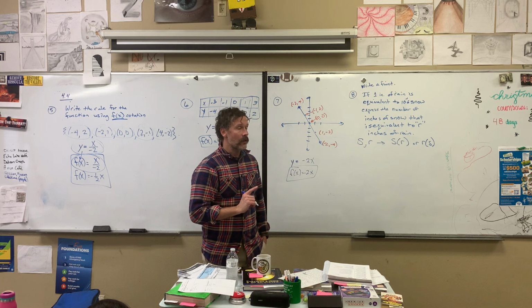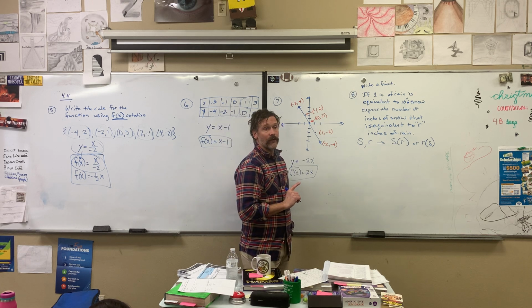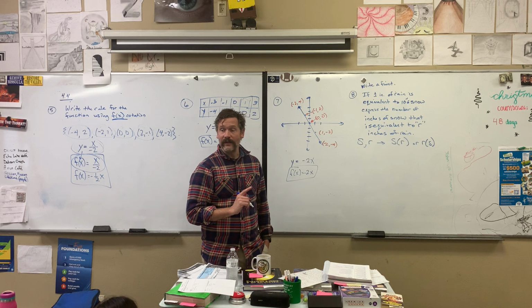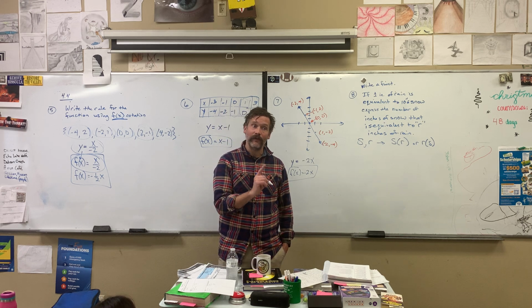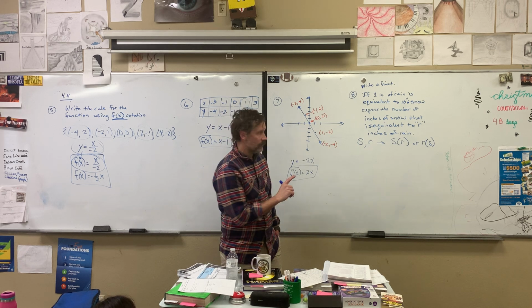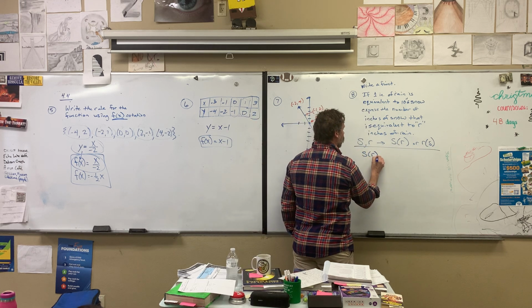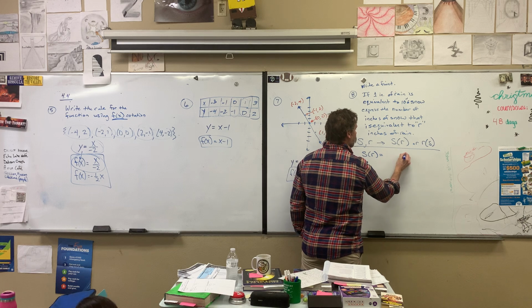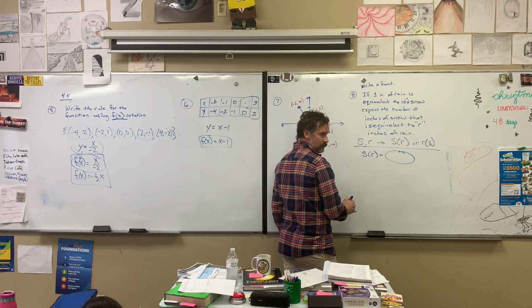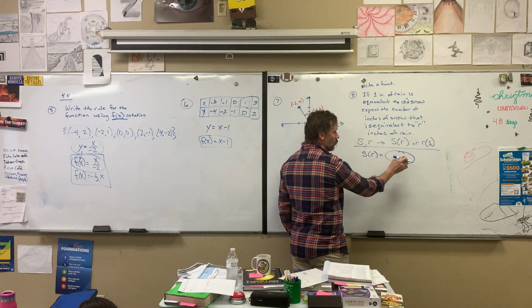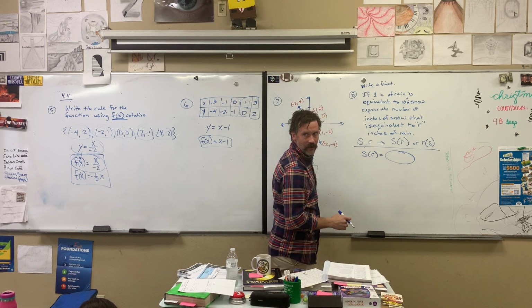So writing a function will have the two variables that we're using, and it'll put it in function notation. If we write it as S of R, what you're stating is I plug in inches of rain, I output something. If I go S of R equals something, what variable will we find on the right-hand side?